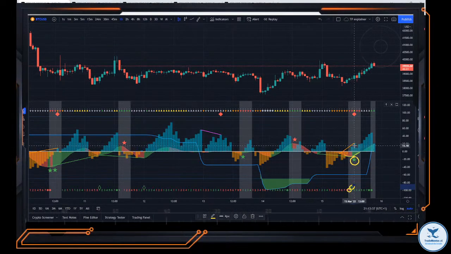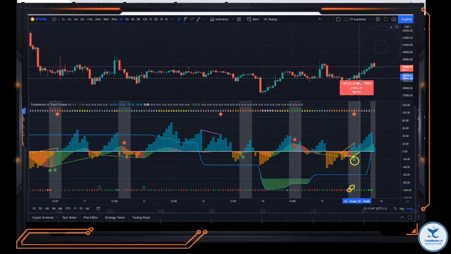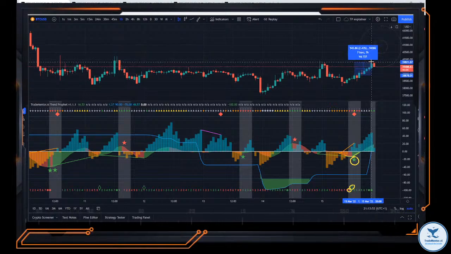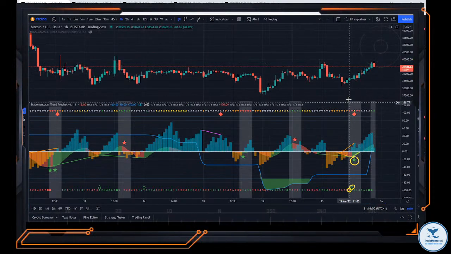Relative strength delta was also pointing in the good direction. We did have a small pullback here, but if we would have entered on the trend flip, we would have had a pullback of, let's see, 1%. But on the upside, we had 2.4%ish, and now having a bit of a pullback again.